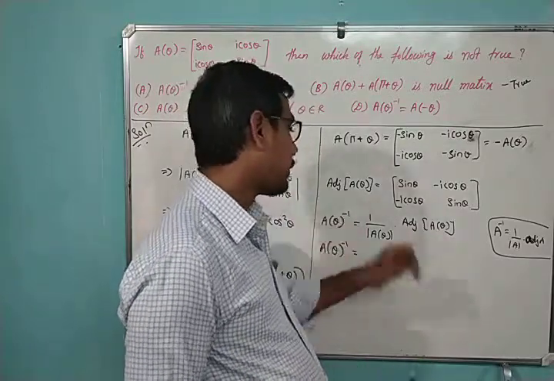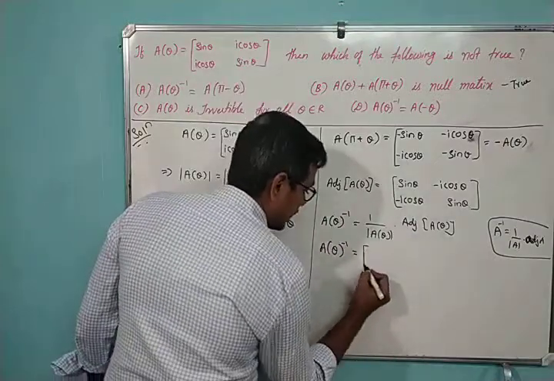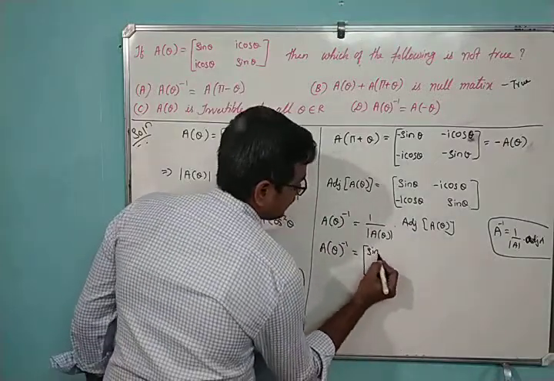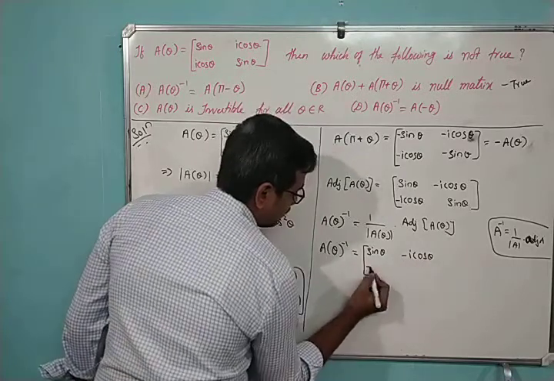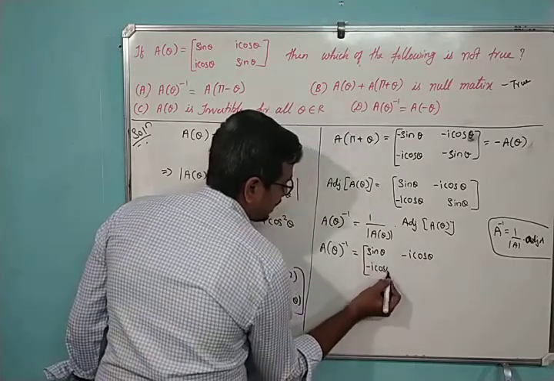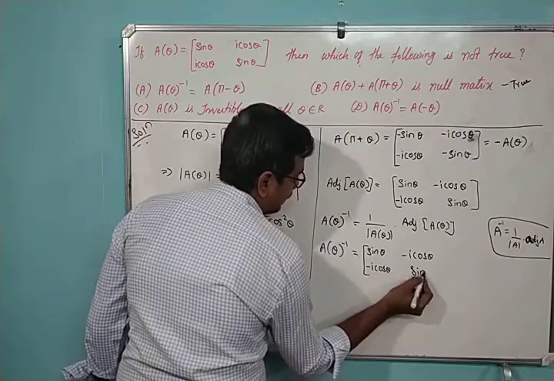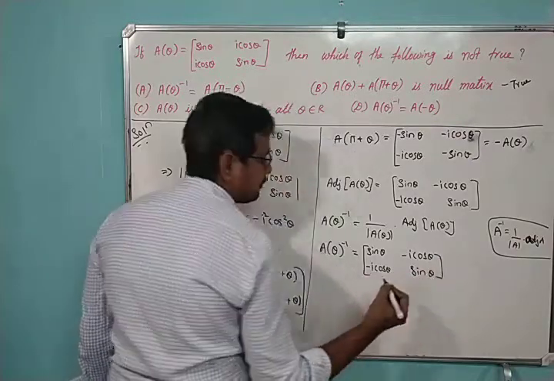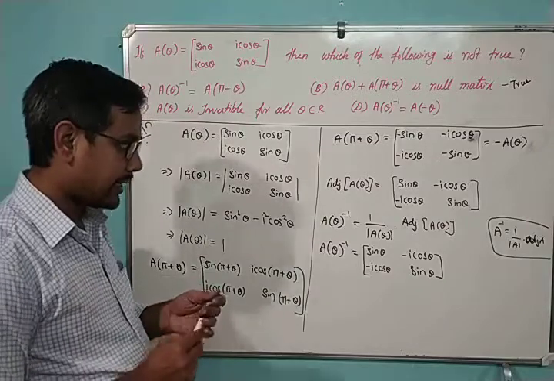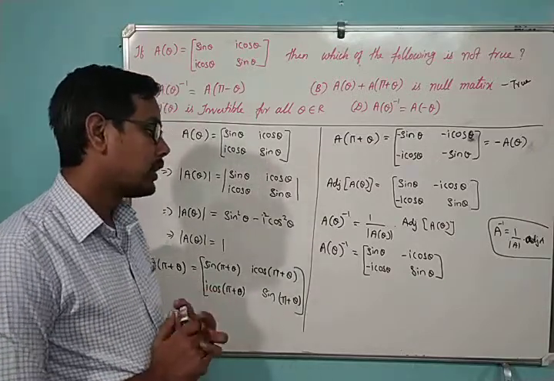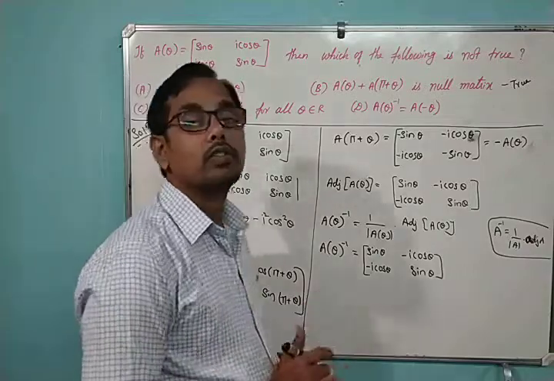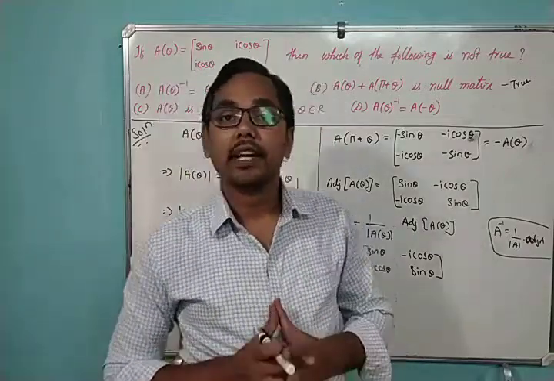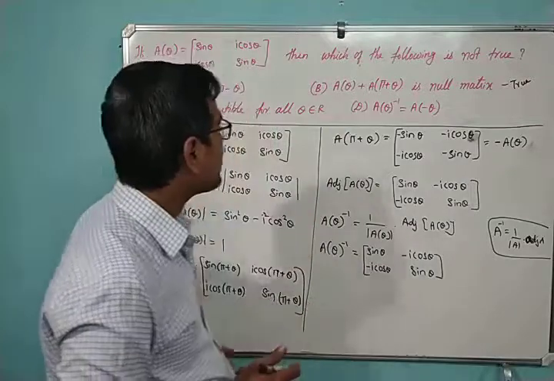What is the adjoint of A of theta? This is sin theta, minus I cos theta, minus I cos theta, and here sin theta. Now sin theta can be written as sine of pi minus theta.